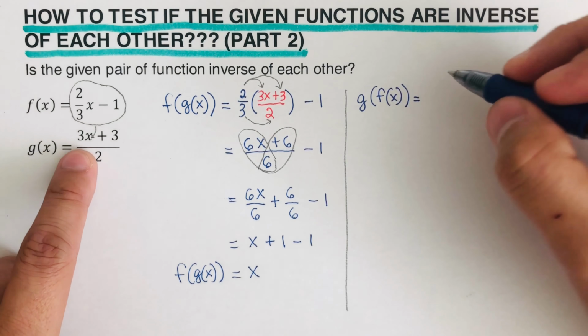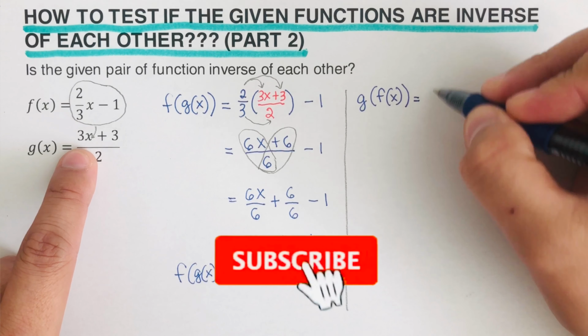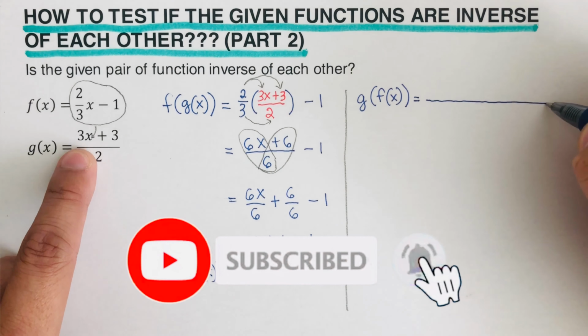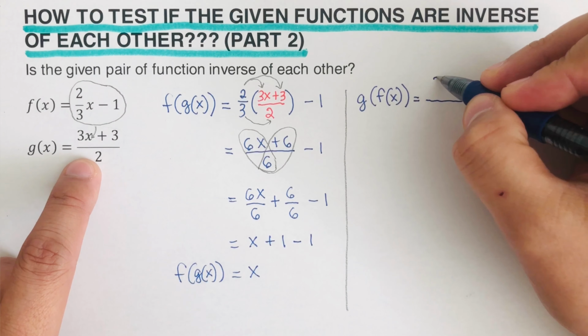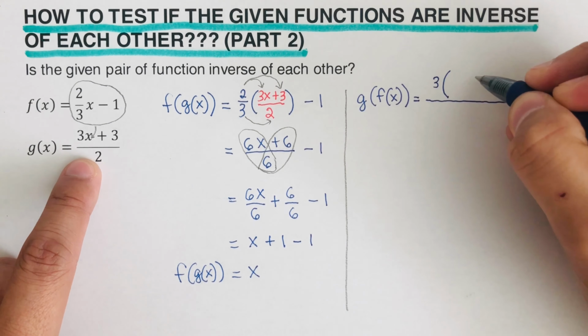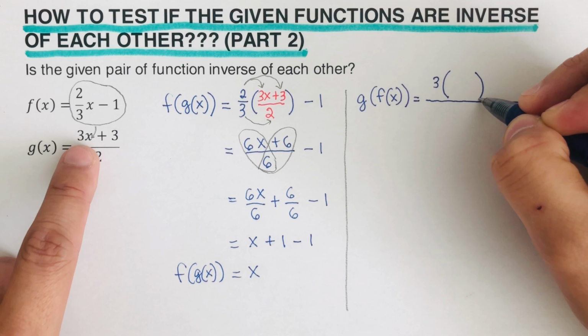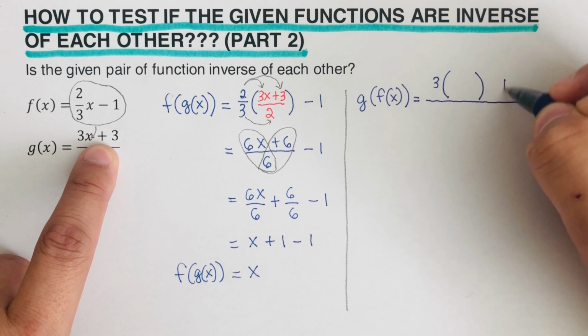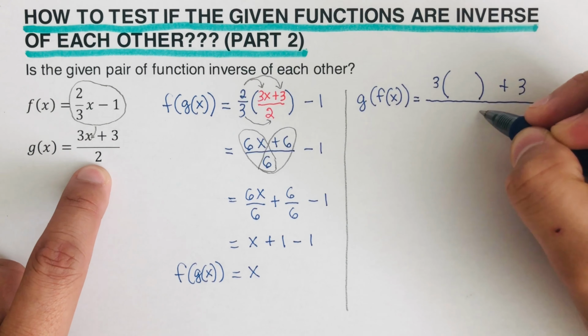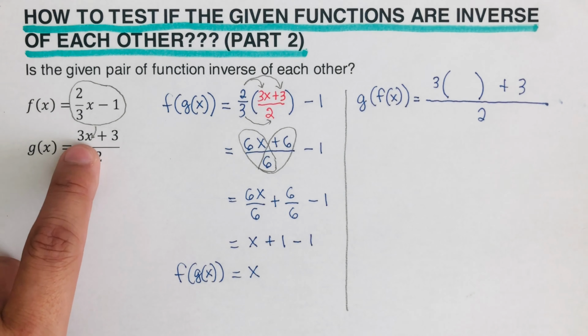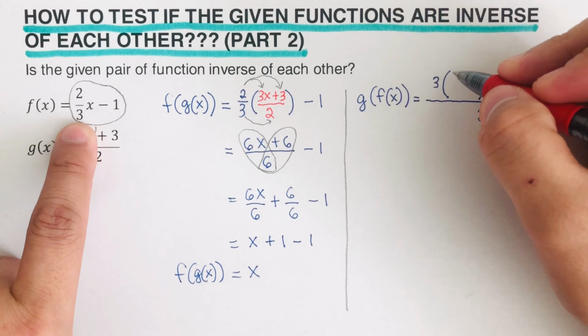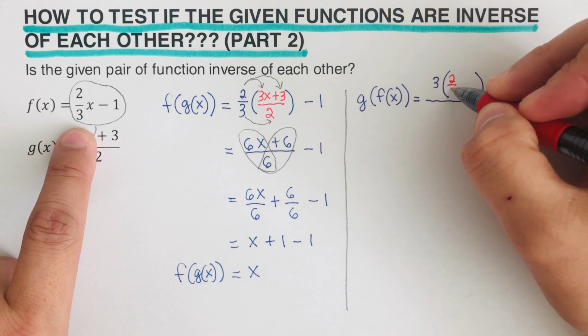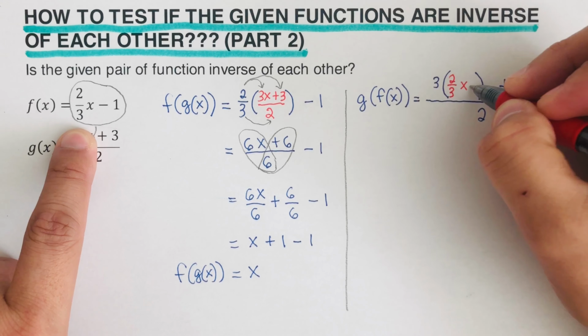So that is 3, and I'm just going to write this in because that's a fraction right there. So I write 3 times, then I will give way for the f of x, that's the x right there, and then we have a plus 3 after that, and that's over 2. So then our x was actually the f of x, which is 2 over 3x minus 1.